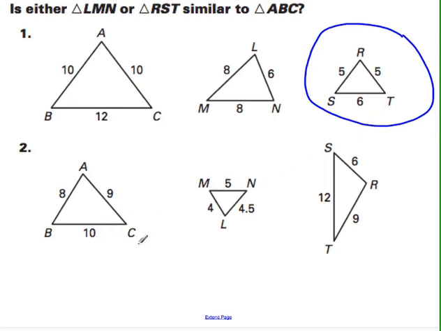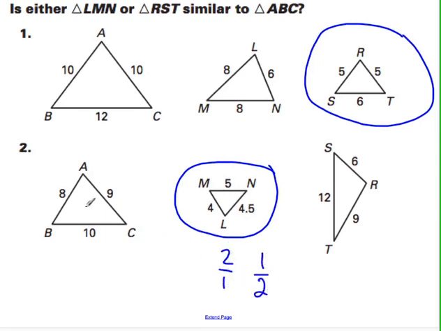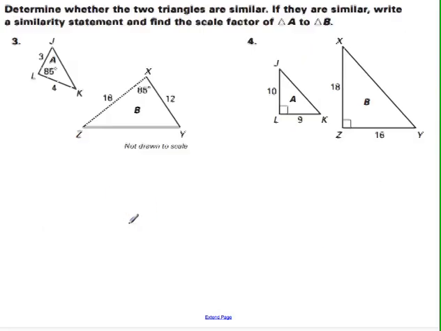The second one is actually going to be ML and this triangle here. We have the same ratio: the 8 to 4, the 9 to 4.5, and the 10 to 5 is either a 2 to 1 ratio or a 1 to 2 ratio, depending on how you look at it. It depends on whether you go from this triangle to the second triangle, or the other way around.